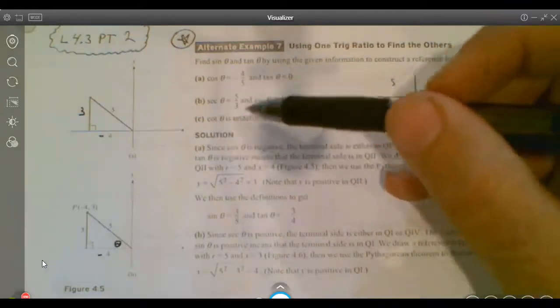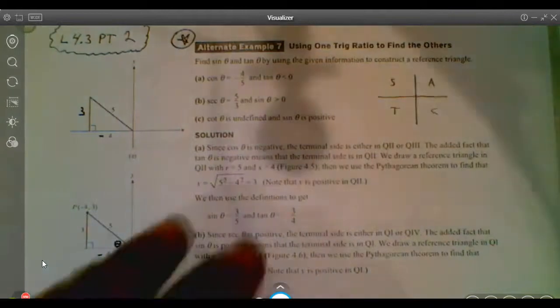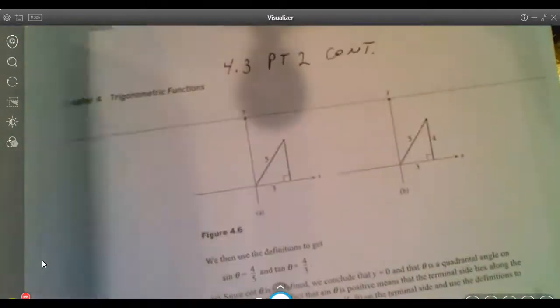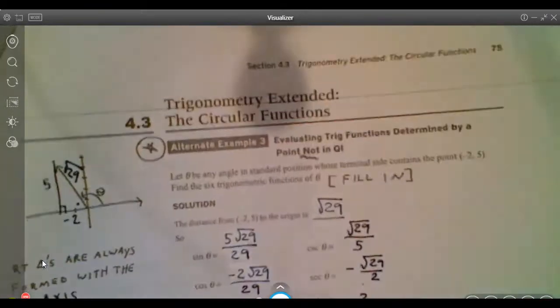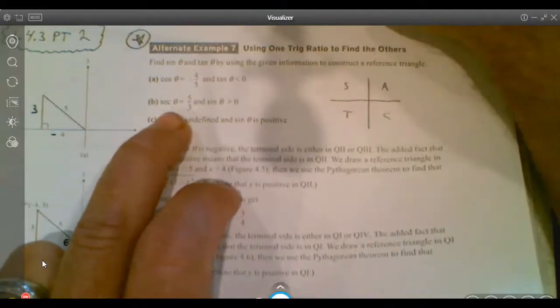Let's look at this one, part B here. I think we got that one on the next page, so let me flip. So as you got to part B and they came up with those two drawings, here's where it came from. On part B, they said that the secant was 5 over 3.